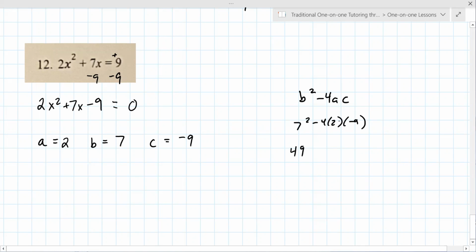Okay. Now 4 times 2 is 8. 8 times 9 is 72, but the two negatives make a positive. So this becomes 121.